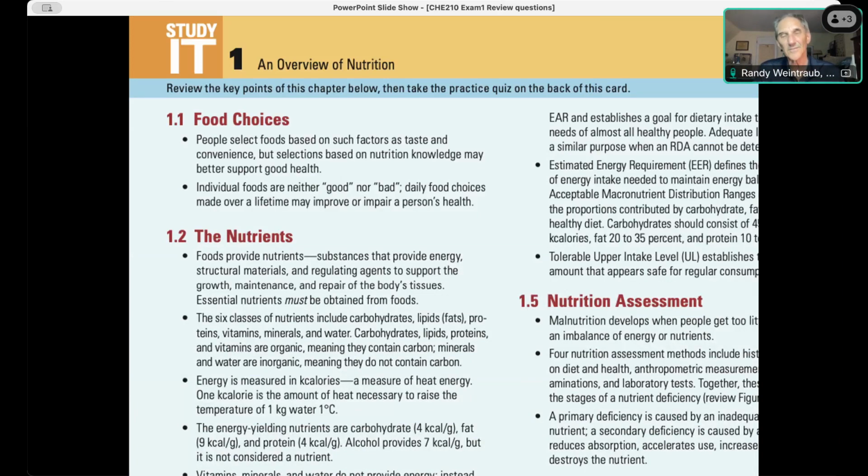We're on version 16 of this textbook. You might have noticed, maybe not, that I'm using what I think is better PowerPoint type material from either the 15th or 16th edition of the textbook. This was in earlier versions. They're very nice for review and study.